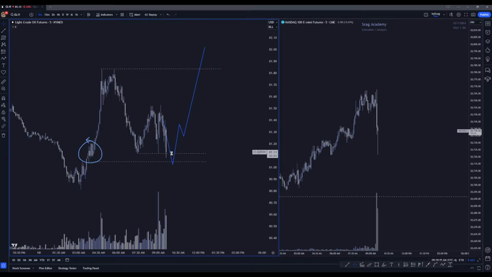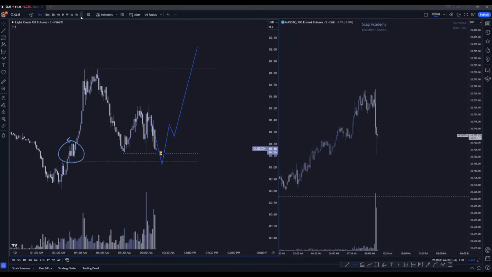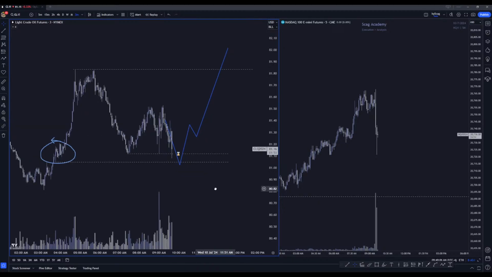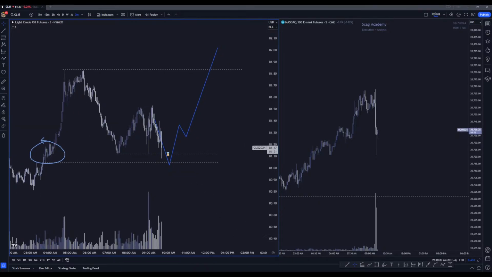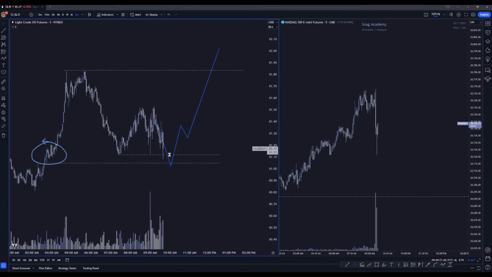There goes oil slipping below. Alright, well we got the little slip for now. Don't need the perfect entry here, just really need to see and build some confidence that it's gonna hold that. Then we can begin to maybe scale in here.